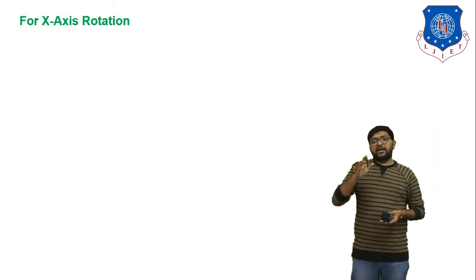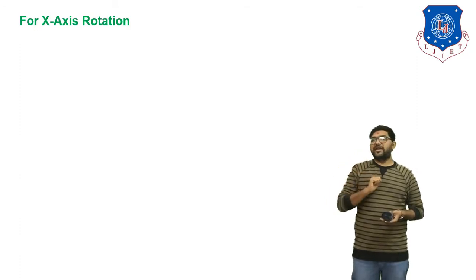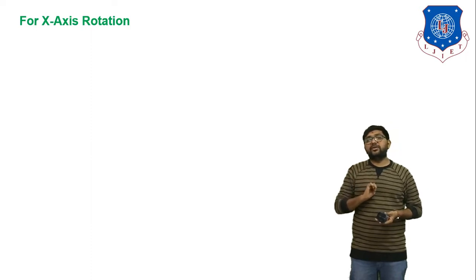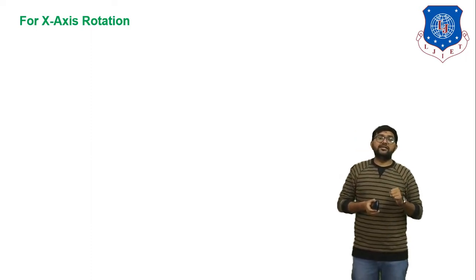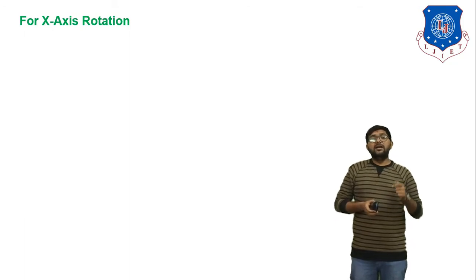In this case, a total of three types of rotation are generated: rotation about the x-axis, rotation about the y-axis, and rotation about the z-axis. So we have to generate a total of 6 rotation equations.